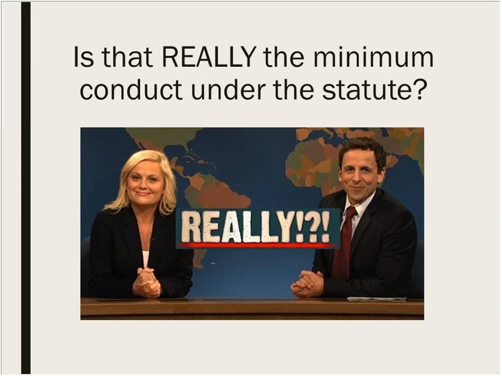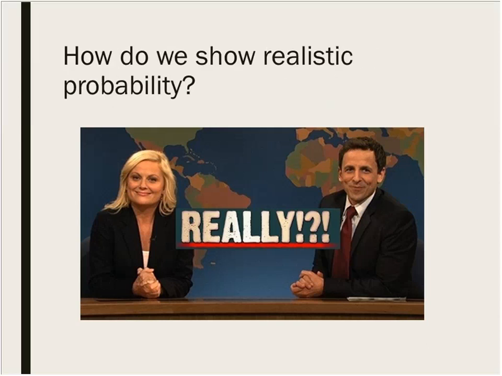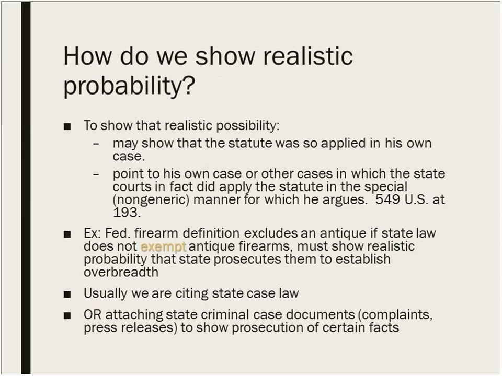So is it really the minimum conduct, in fact, and not just in your imagination? How have the Supreme Court or the BIA said that we can show a realistic probability? What does that mean?